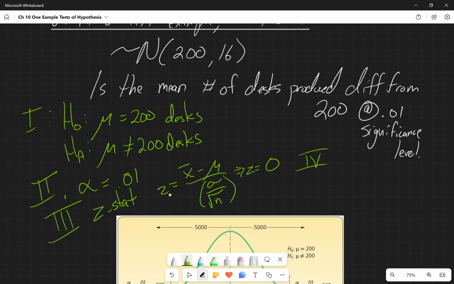The fourth step that we have is to formulate a decision rule by first determining the critical values of z. So decision rule, which is really just asking for what's my critical values.